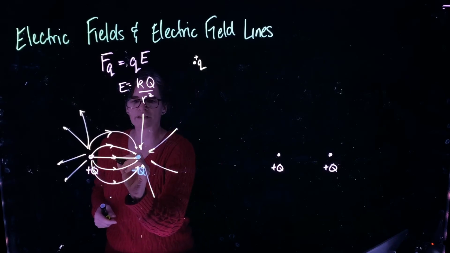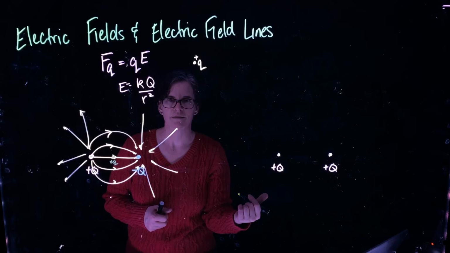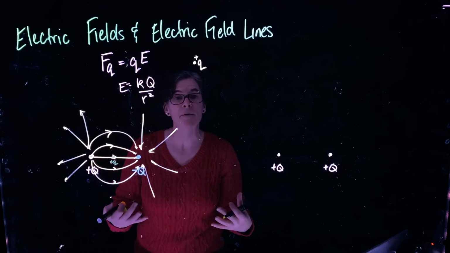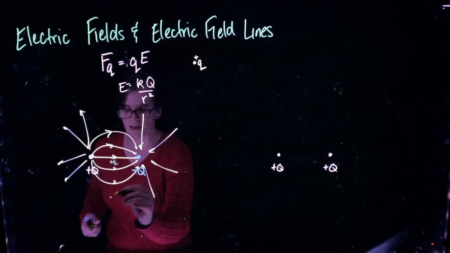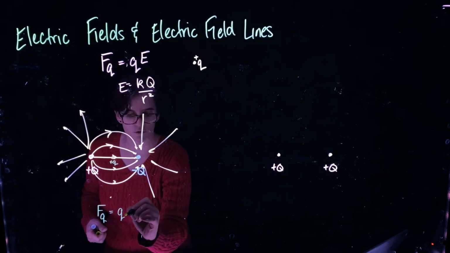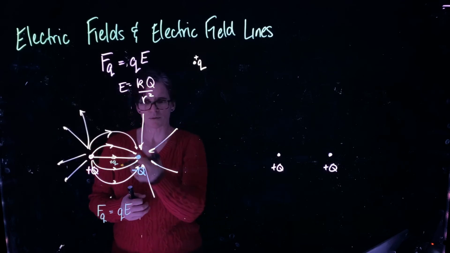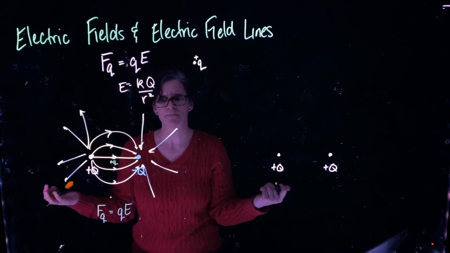So the net force exerted on this test particle Q is to the right. If I looked at the sum of the electric field lines, then the force on Q would be Q times the net electric field at that point, which we can visualize is also pointing to the right.